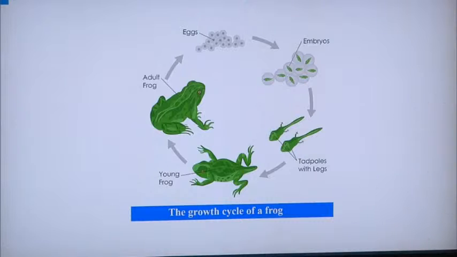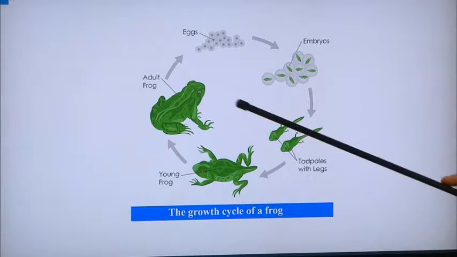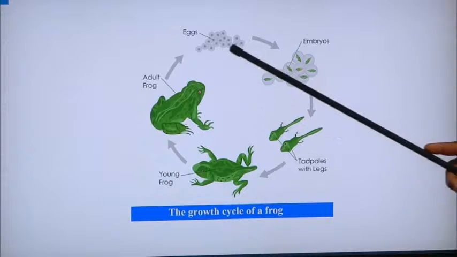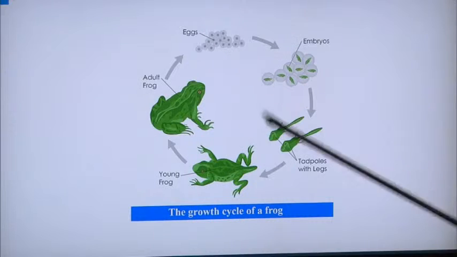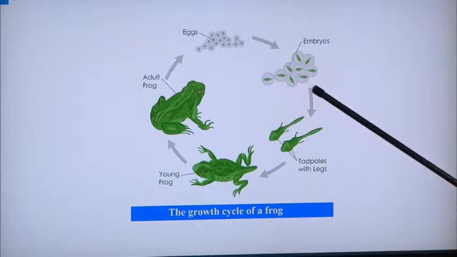It can live both in water and on land. Now, this frog will lay eggs. When it wants to increase, it goes into water and lays eggs in the water. The eggs will be in water and start hatching.